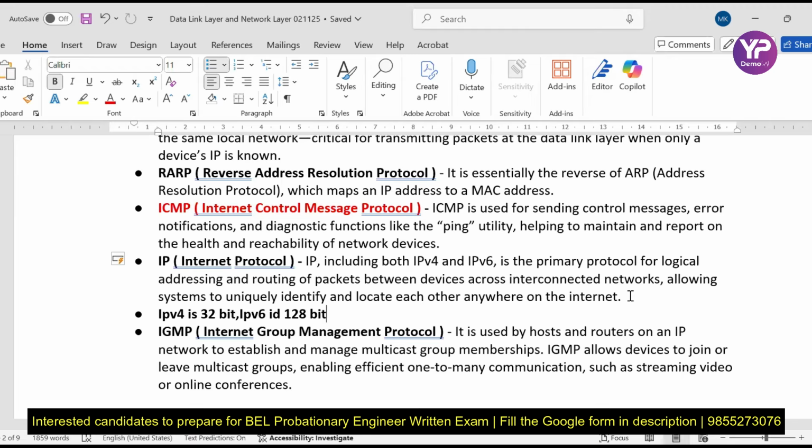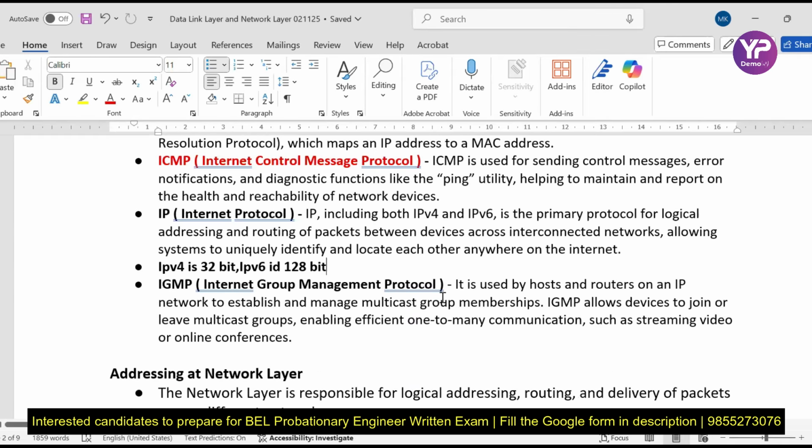IP, including both IPv4 and IPv6, is the primary protocol for logical addressing and routing of packets between devices. So for IP, keep in mind two main things: two versions, 4 and 6. 4 is 32-bit, 6 is 128-bit.